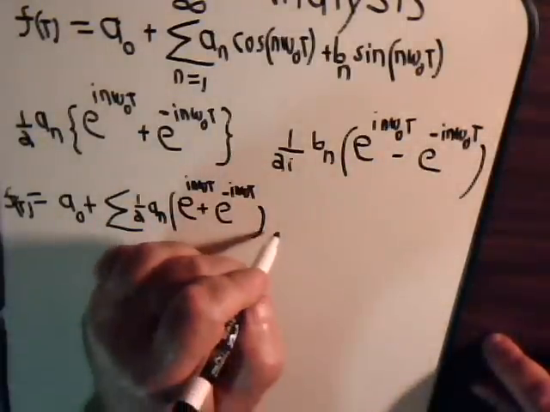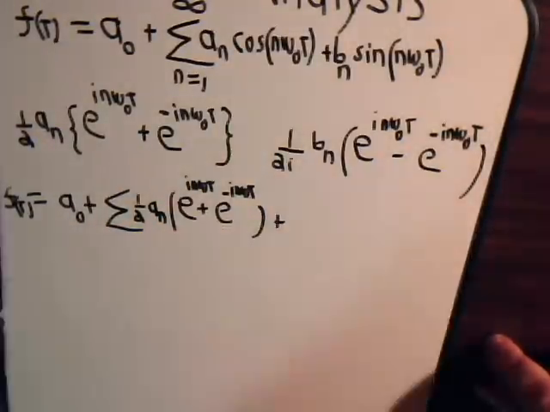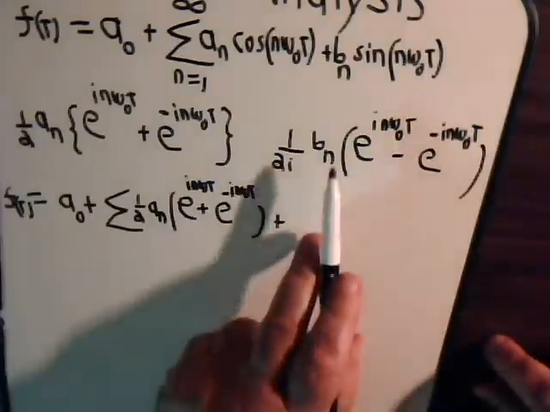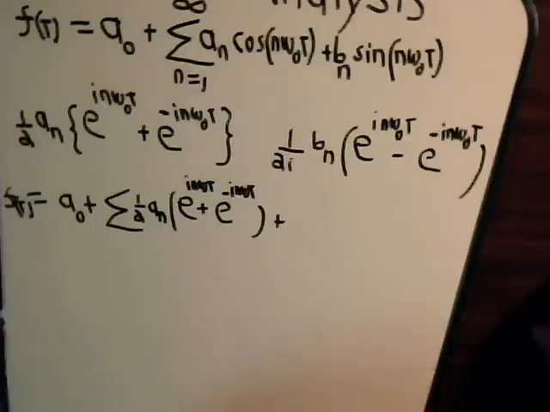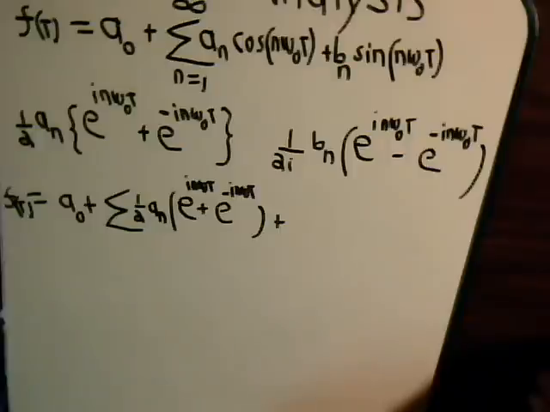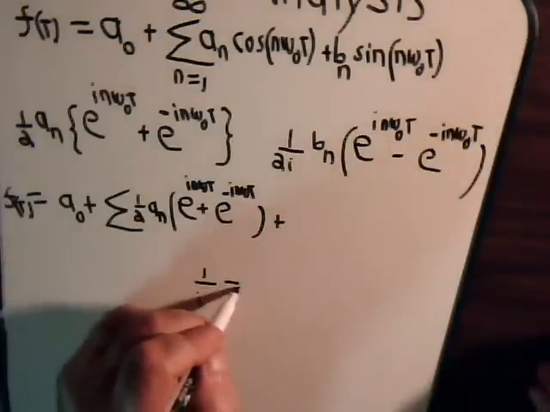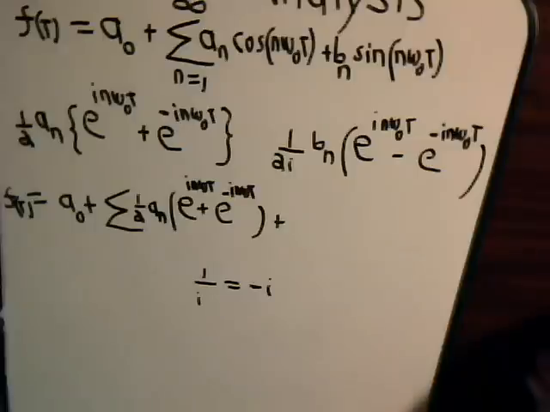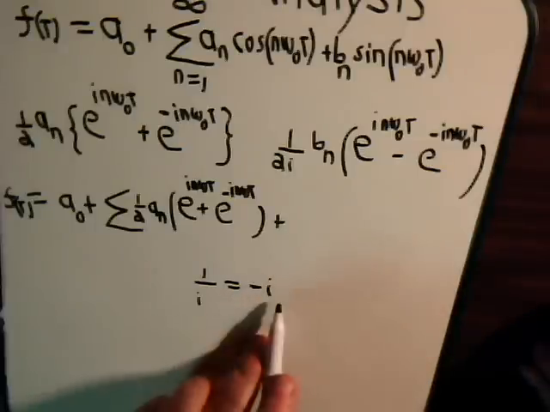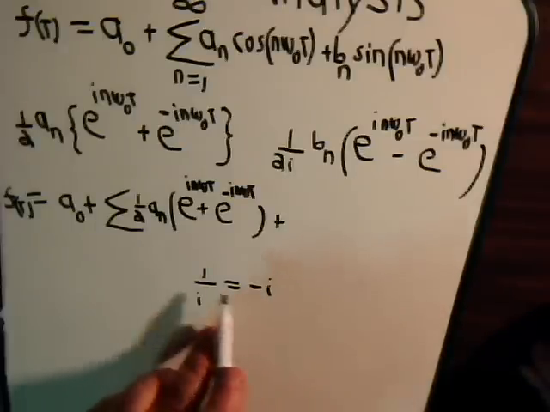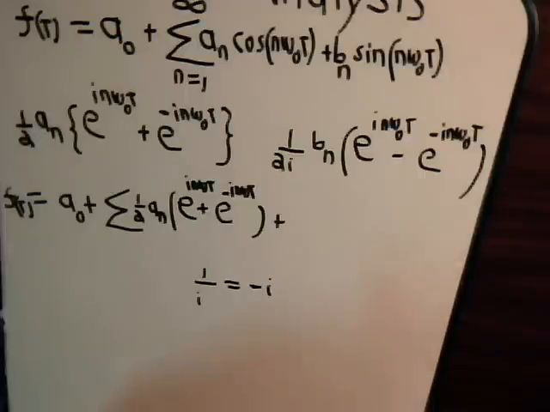Then we have plus b sub n divided by 2i. If you want, we can take the I upstairs. 1 over I equals minus I, because I squared is -1, and -1 times -1 becomes +1.